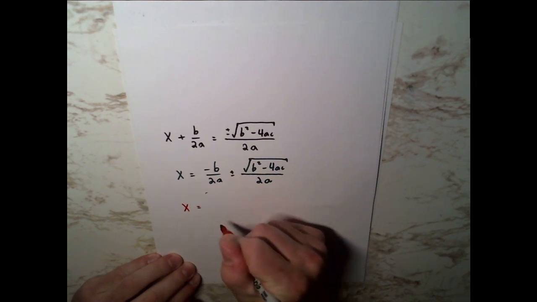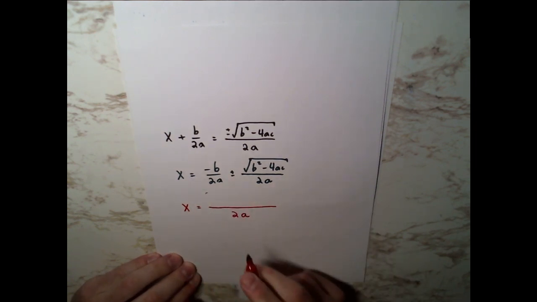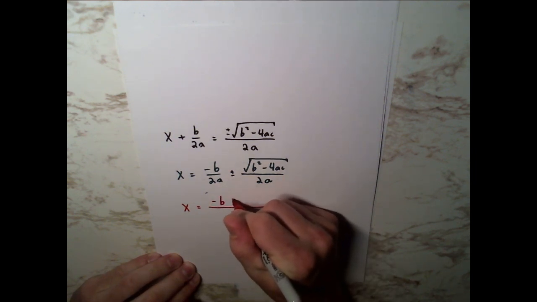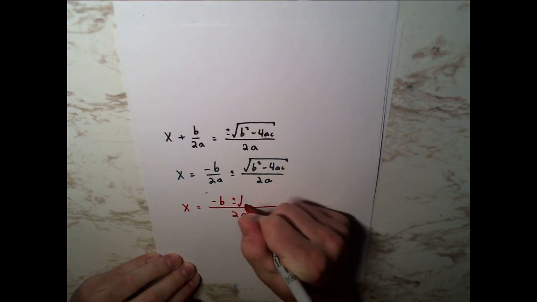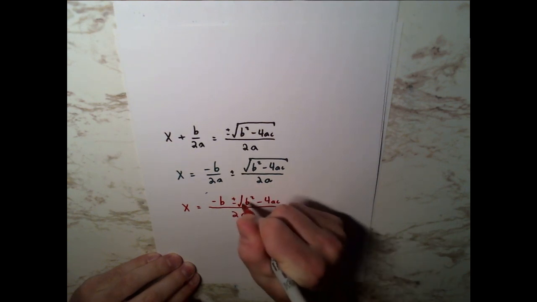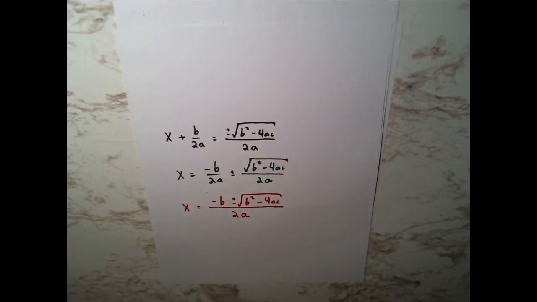X is going to be equal to, well, I know the entire denominator is 2a, and then in the numerator we have negative b plus or minus the square root of b squared minus 4ac. And it looks like this can't be simplified much further.